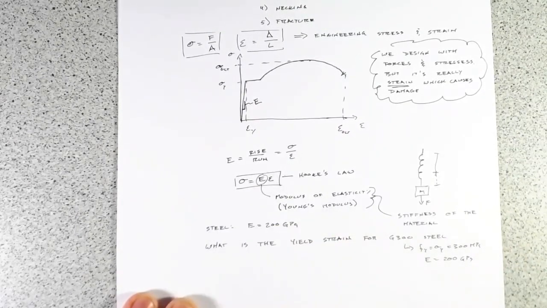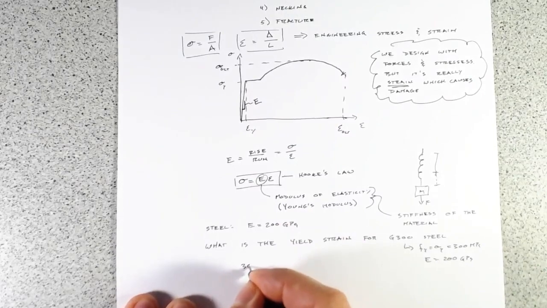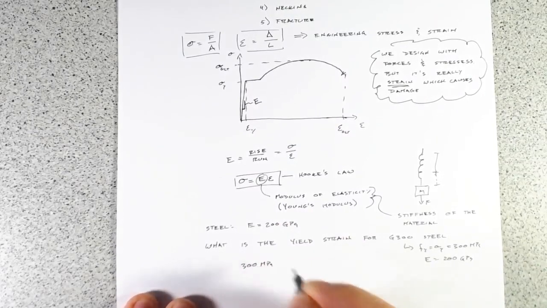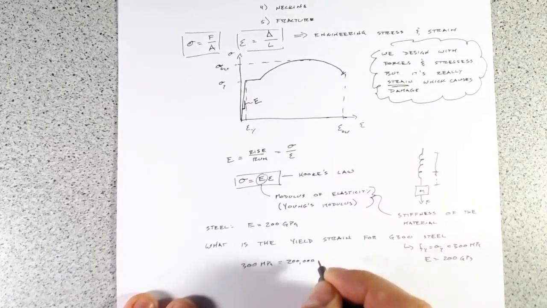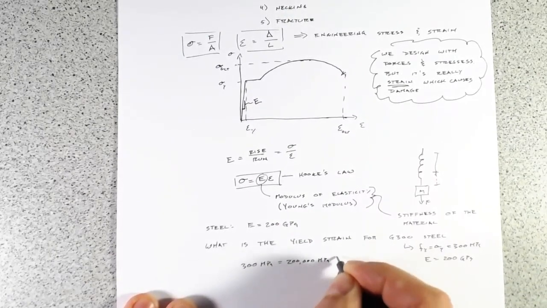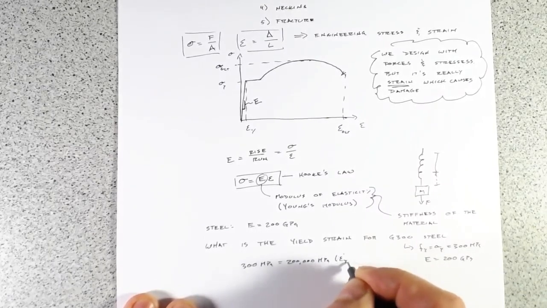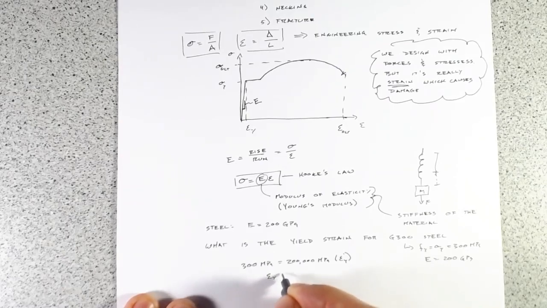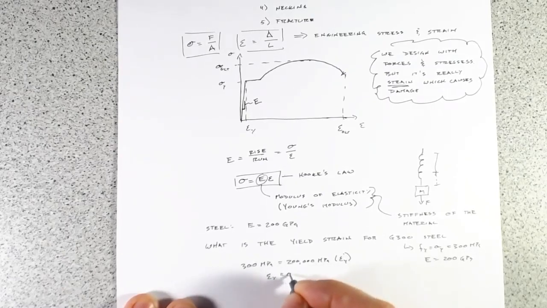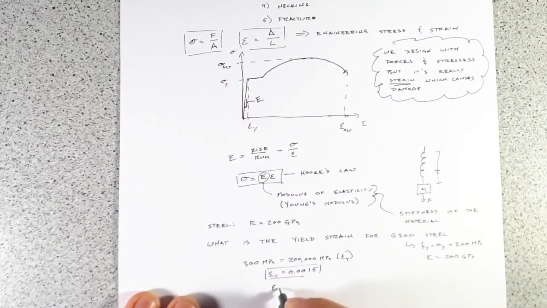Well, we can use Hooke's law, and we can go 300 MPa equals 200,000 MPa times our yield strain, and we can work that out. Our yield strain equals 0.0015, and that's the same as 0.15%.